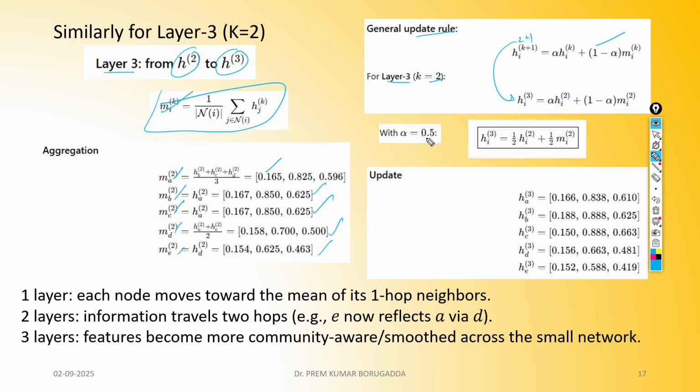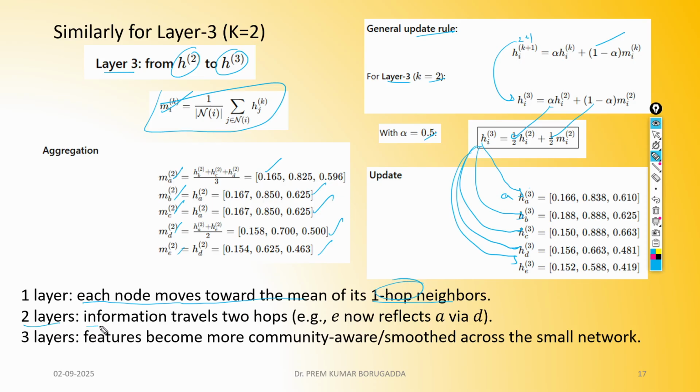When alpha is 0.5, H_i of 3 is 1/2 H_i of 2 plus 1/2 M_i of 2. Now we have calculated H for nodes A, B, C, D, and E at layer 3. What is the meaning of layer 1? Each node moves towards the mean of its first hop neighbors, which means direct connections.